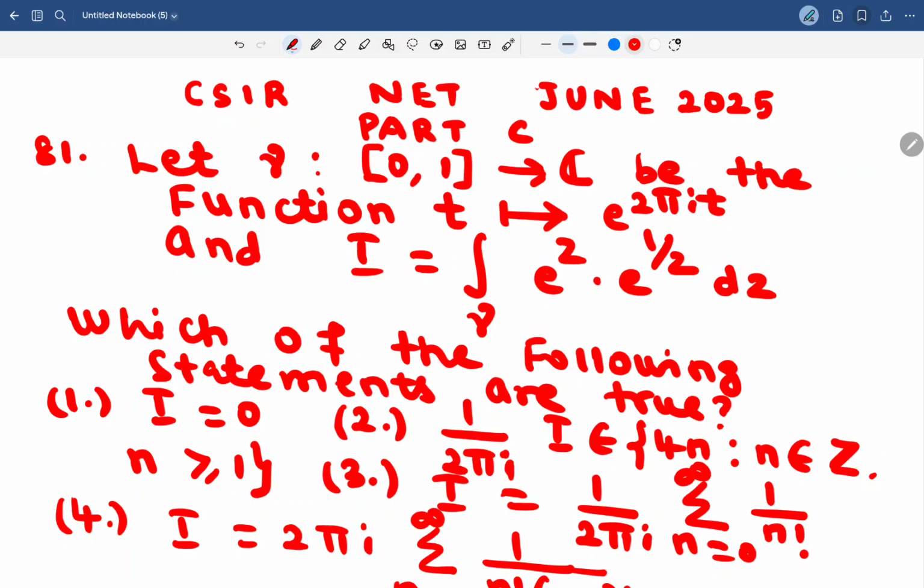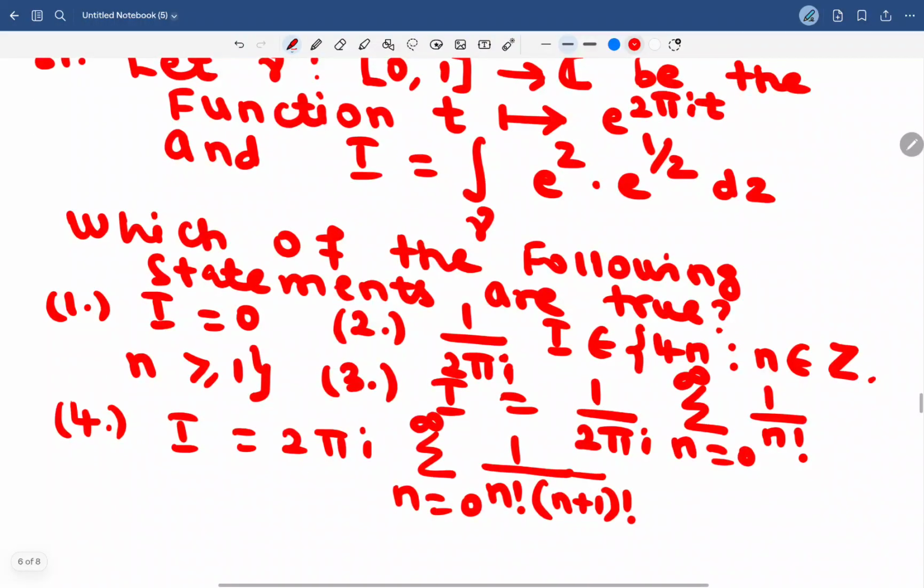The problem is given as: let gamma from the closed interval 0, 1 to the complex numbers C be the function t tends to e power 2 pi i t, and I is given as the integral over gamma of e power z into e power 1 by z dz. Then which of the following statements are true? First option, I equals 0.